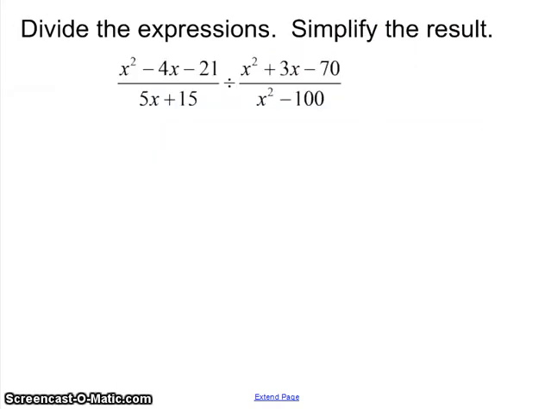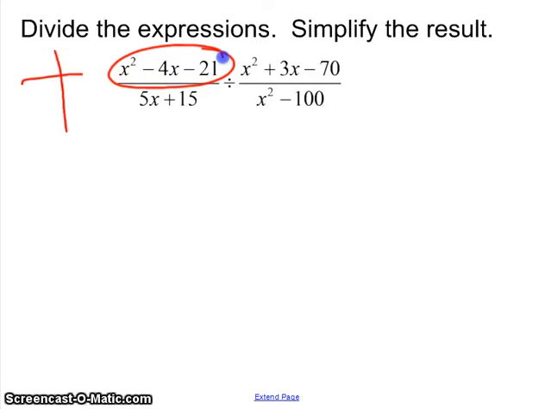And again, let's see if you can pause the video and try it yourself. Flip that second fraction upside down. X squared minus 4x minus 21. It has no GCF. It has 3 terms, and the leading coefficient is 1.